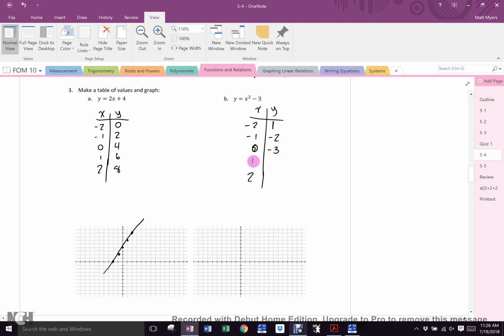What's 1 squared? 1 minus 3, negative 2. What's 2 squared? 4, minus 3, 1. Graph it. Negative 2, positive 1. Negative 1, negative 2. 0, negative 3. Then I get the same points over here. And it makes this sassy curve.